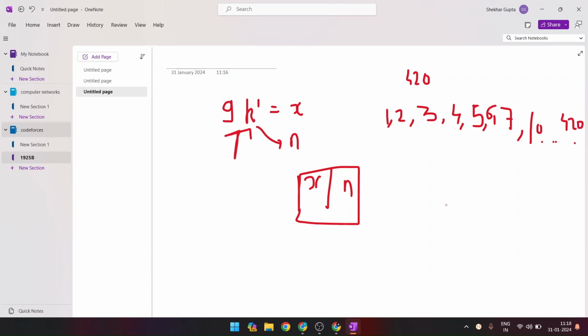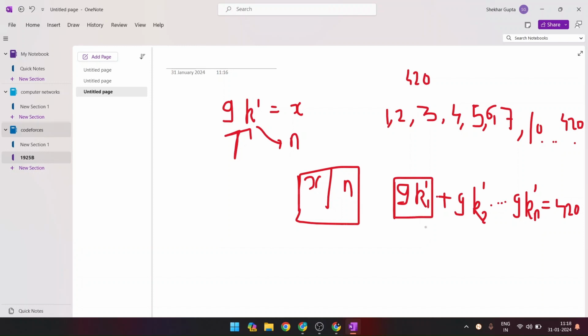Now the thing is that your g into k1 dash plus g into k2 dash up to your g into kn dash. Now tell me, this part can be maximum which? This part can be maximum in this range. It is up to the left.